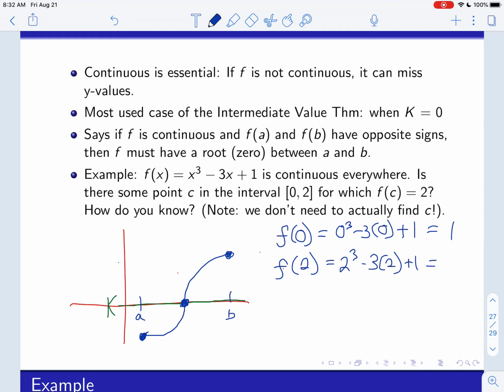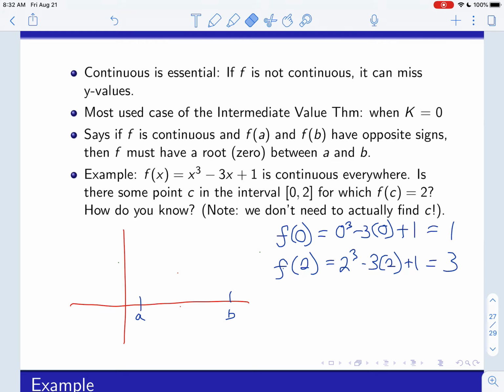And that comes out to be 3. Okay? So in this particular problem, my x's are going from 0 to 2, and my y's are going from 1 to 3.